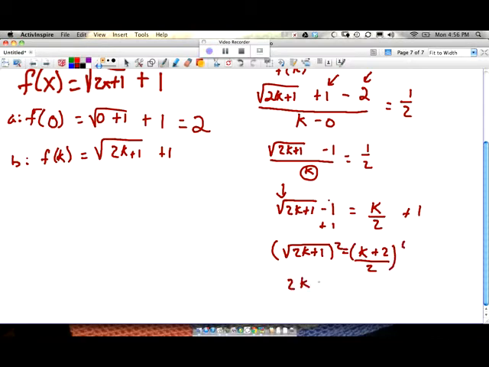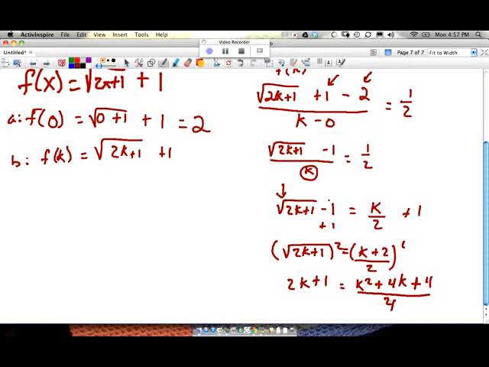That would give me 2k plus 1 on the right equals, now on this side it's going to be a binomial times a binomial. That would be k squared plus 4k plus 4, and then all that divided by 4, pardon me. Now think about this for a second, guys.